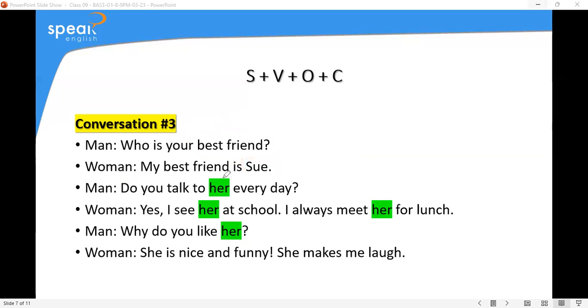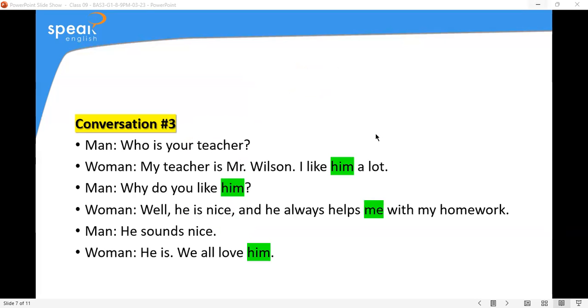That is why in the next question I am using her, because it is about Sue. In the rest of the conversation, I do not mention the name again. I only use the object pronoun, because in that way the information is easier to talk about.